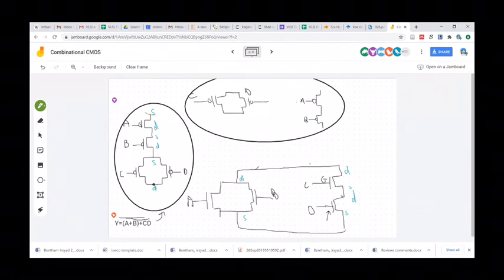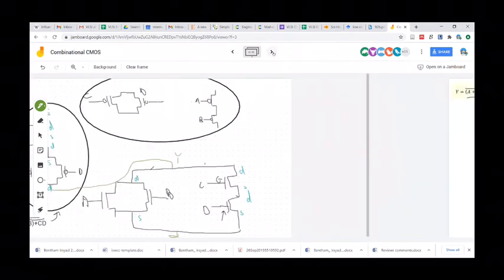It should be connected to this one, the one on the right. This is Y, the output. And this is ground. Ground will be down there. Okay. All right.